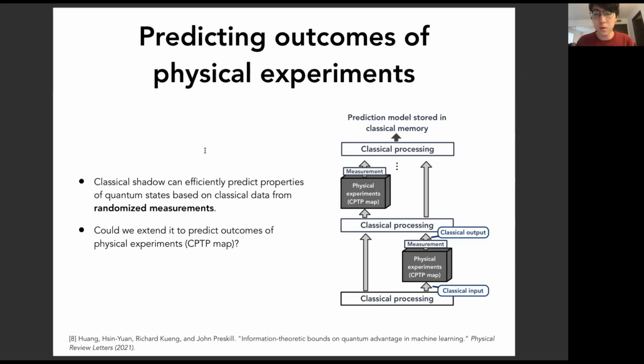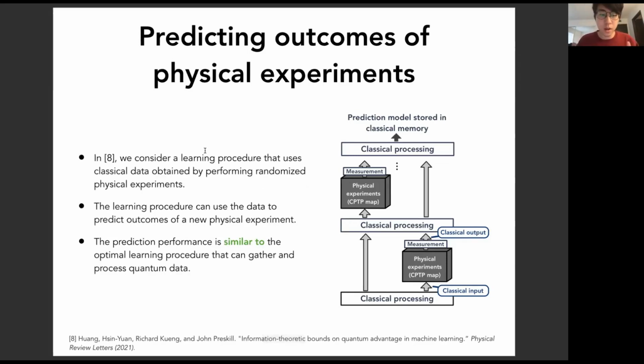A practical usage would be predicting outcomes of physical experiments. Like in chemical experiments, you have all these molecules being involved. Could you predict the outcome of the chemical experiments without actually doing the experiments? Could you train some kind of a model, like an ML model, for this kind of setting?